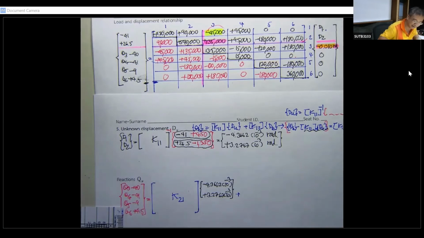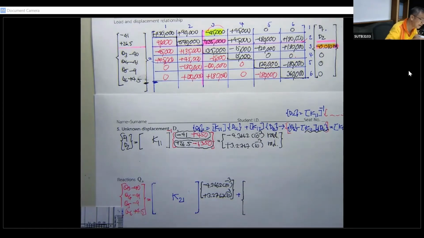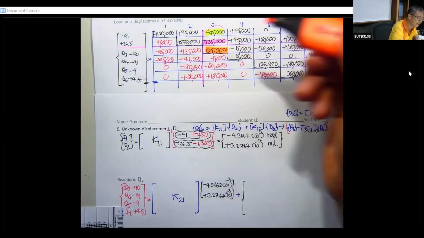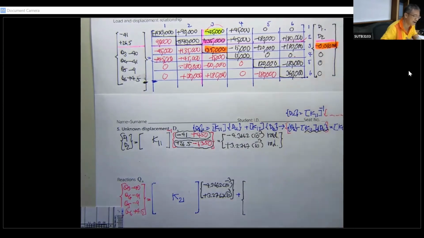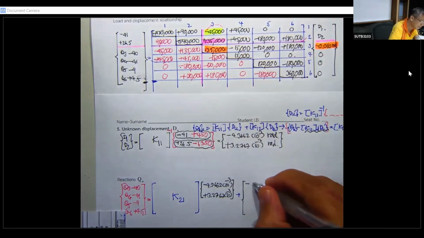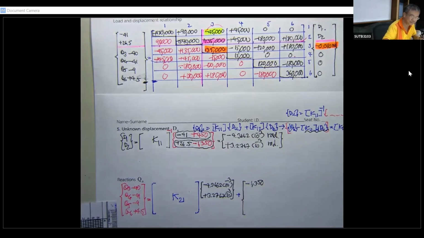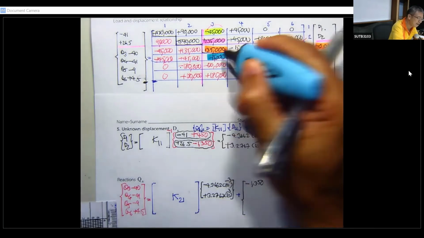Based upon this, I should tell you the first number that we can compute easily by hand is going to be this one times this one. It's going to be 1350, and it's going to be negative because it's positive, minus 1350. And then you may time this one by this one again.